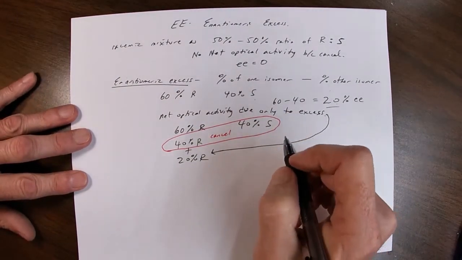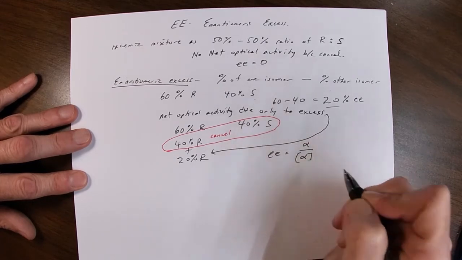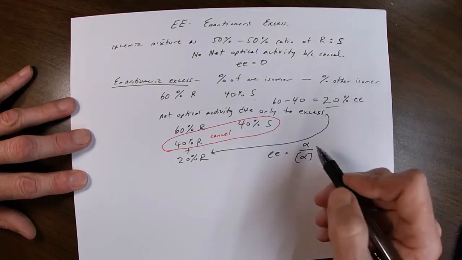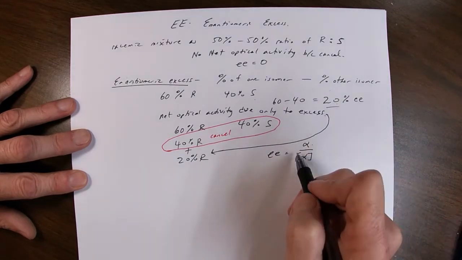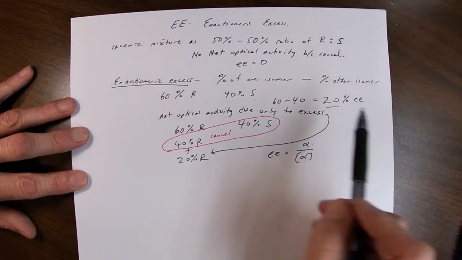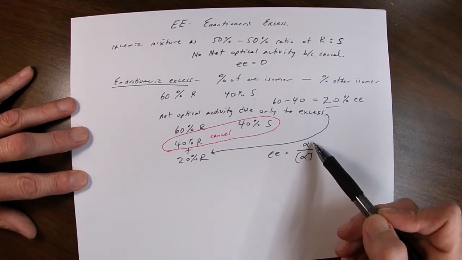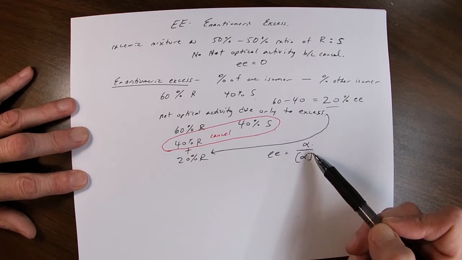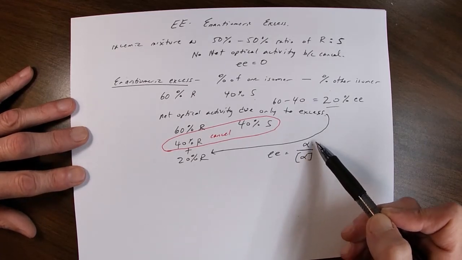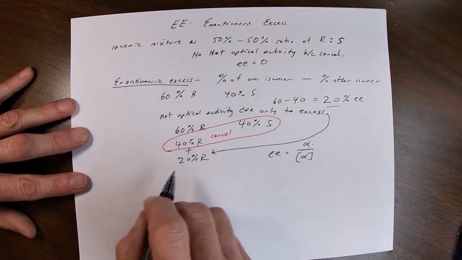And so this can be easily measured by looking at the observed rotation over the specific rotation. What fraction of this do we see? So if we had 100% of one enantiomer over the other, then this would be unity. The enantiomeric excess would be unity, 100. So it's really easy to go this direction.